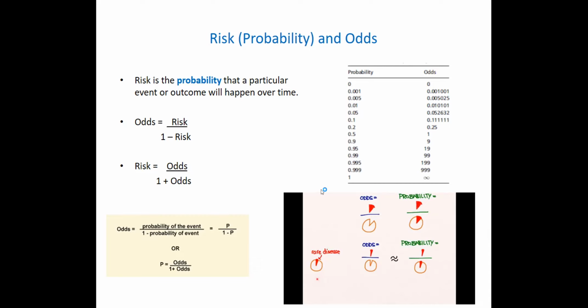Now, if you look at it pictorially, look at the picture, if you have a sector, that's this red area of the circle, the probability is that sector over the total.